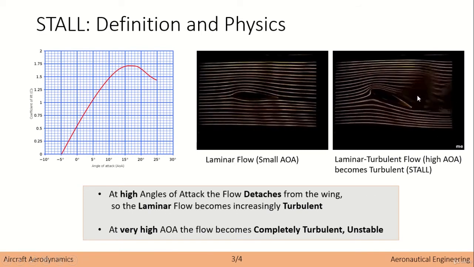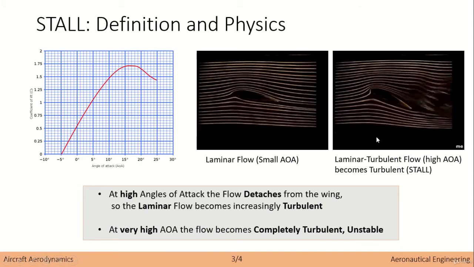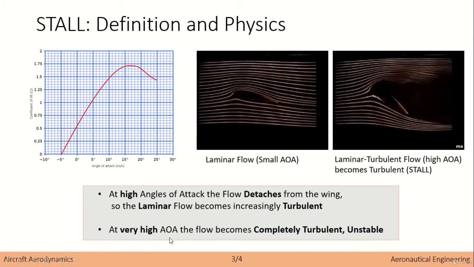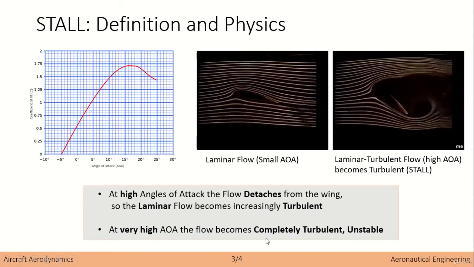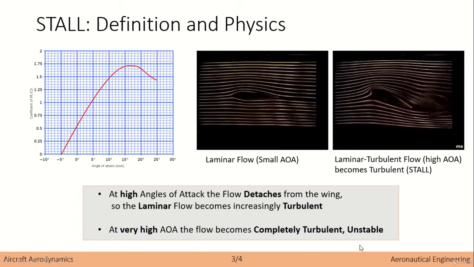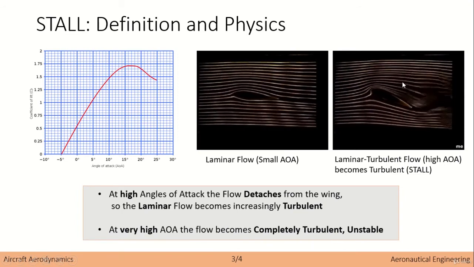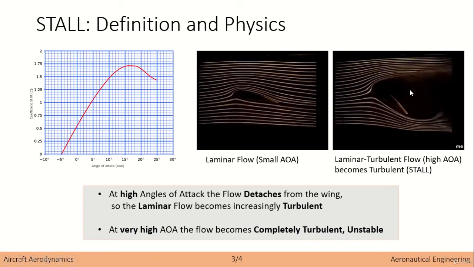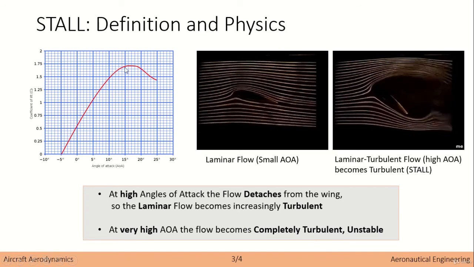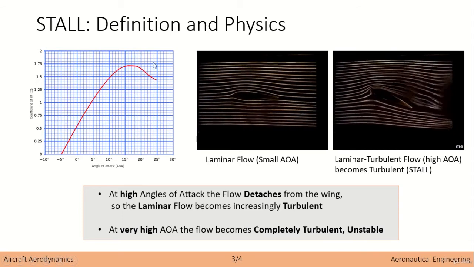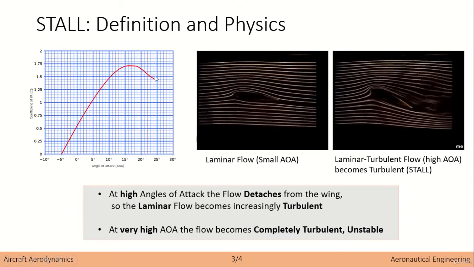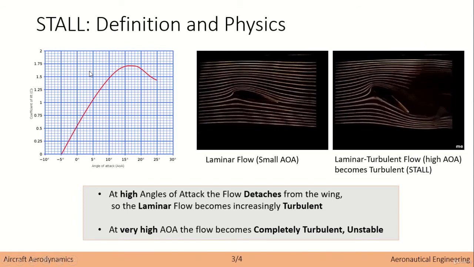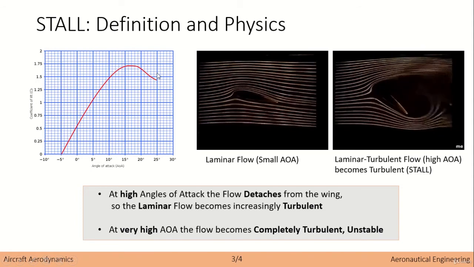In fact, in this case, it will be completely unstable, right? So at very high angles of attack, the flow will become completely turbulent and completely unstable. And this means that apart from not providing lift, we will probably have a severe fall of our aircraft due to the loss of lift, okay? You can take into account that the weight will be constant.